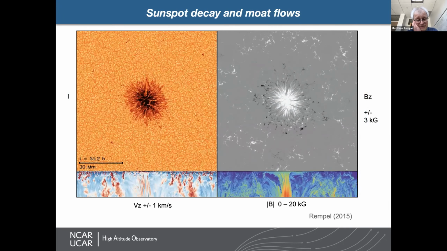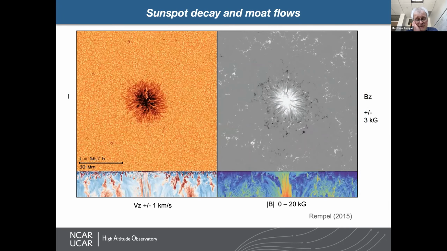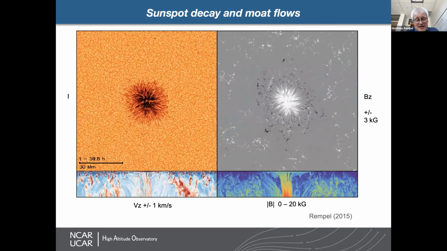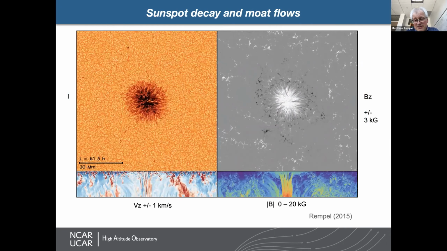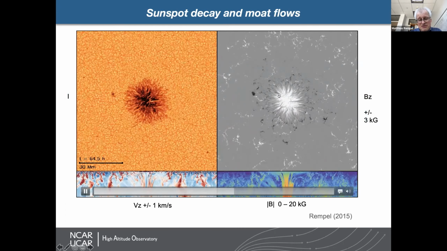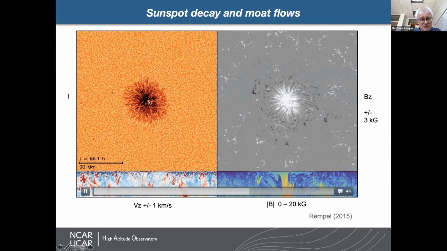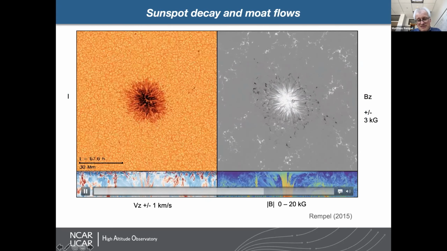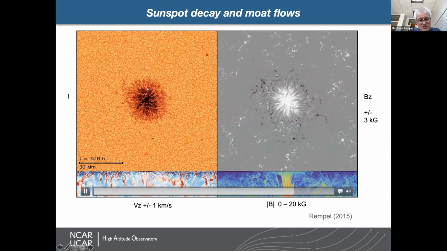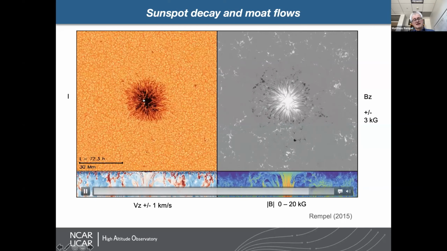What I show here is one simulation where I actually wanted to study the sunspot decay, but the simulation decided to not decay, which is a very interesting aspect on its own. But what I want to show here is when you run these simulations for long enough, you do see fluting instability. You see these intrusions of regions with weaker field, which show up as something like light bridges.